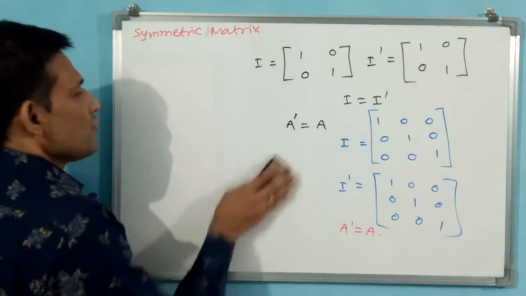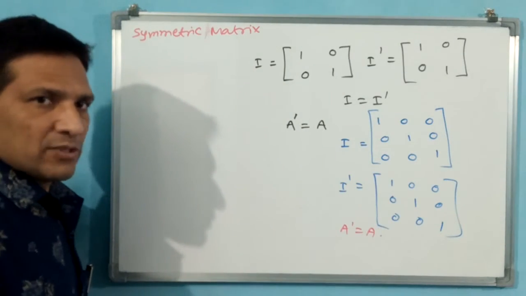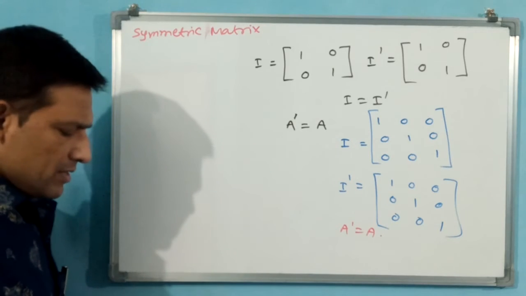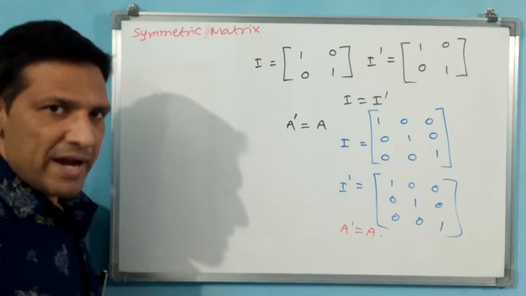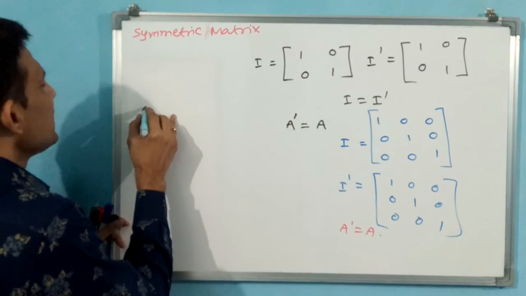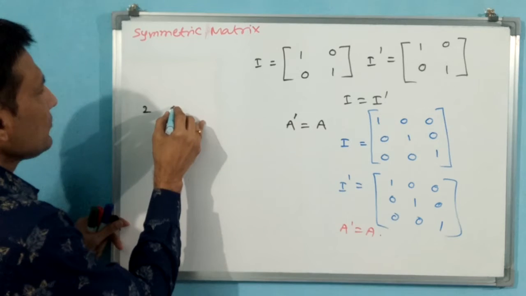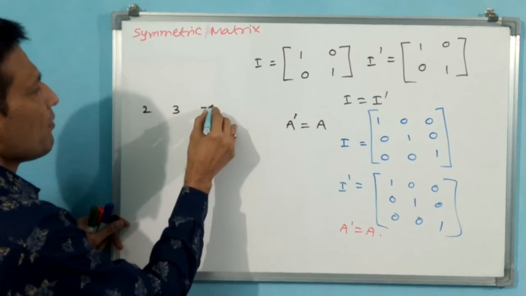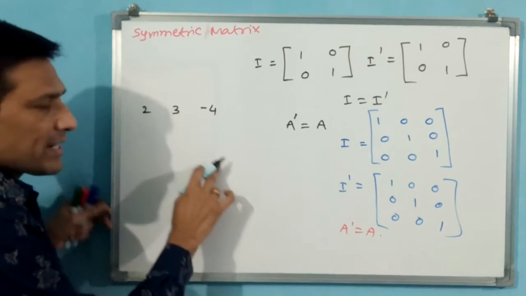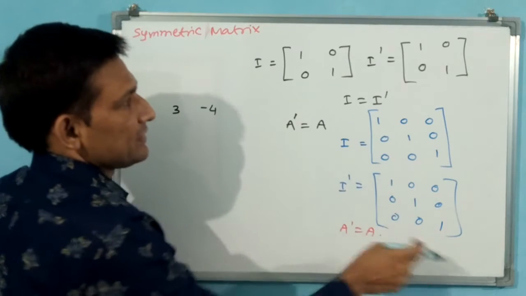You see, you have seen only two matrices. First of all, it should be a square matrix for symmetric. Okay. I am constructing another matrix, not I. Okay. You see here how I am constructing. You see 2, 3, minus 4. See, whatever number you keep on the diagonal is not going to change.